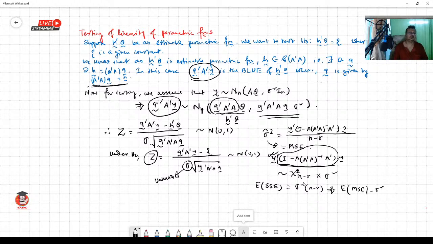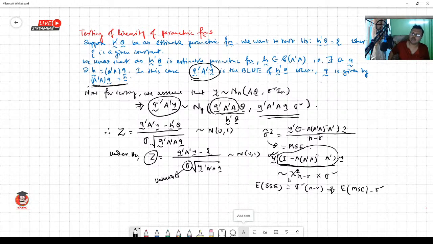Again I repeat this portion. Since y curl follows n-dimensional multivariate normal, this quadratic form y curl prime I minus a prime a g inverse a prime y curl follows chi-square distribution, because the matrix of the quadratic form, that is I minus a prime a g inverse a prime, is an idempotent matrix.